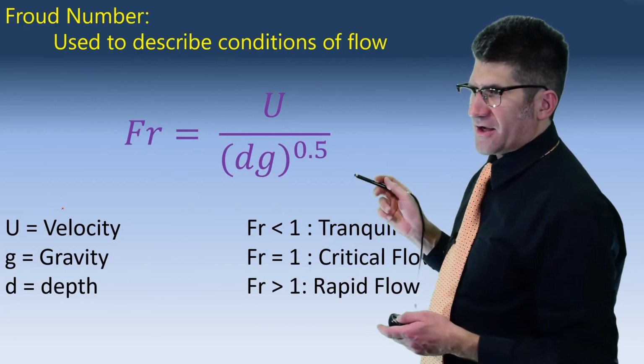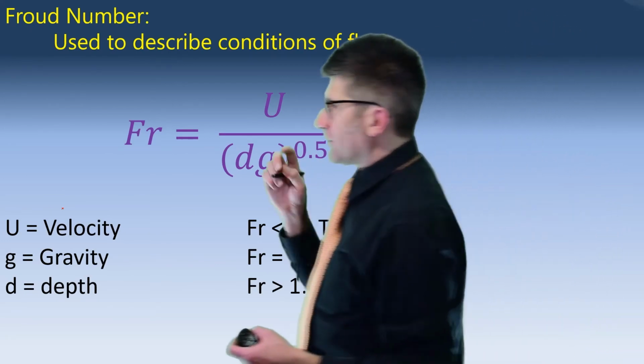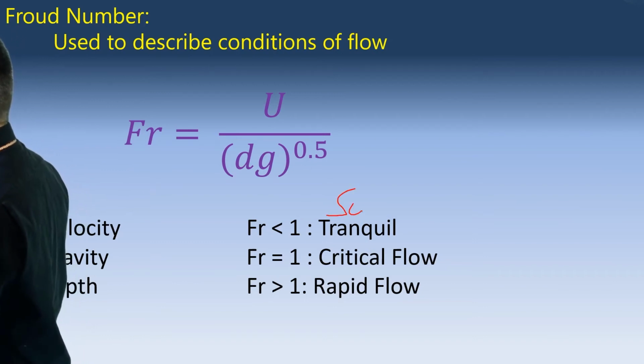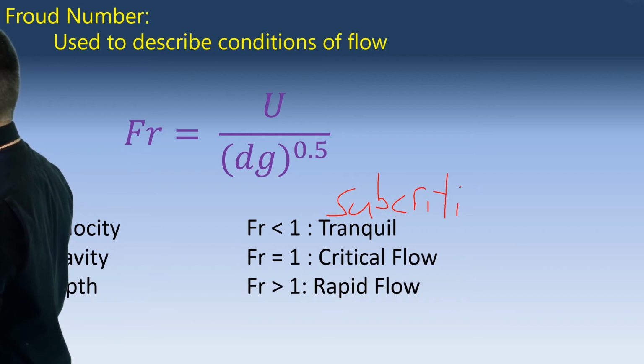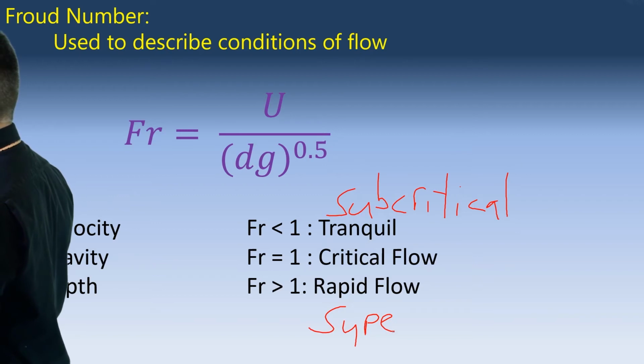So going back all the way here to our Froude number then, some other terms I was using is subcritical, and then supercritical, where Froude numbers are greater than 1.